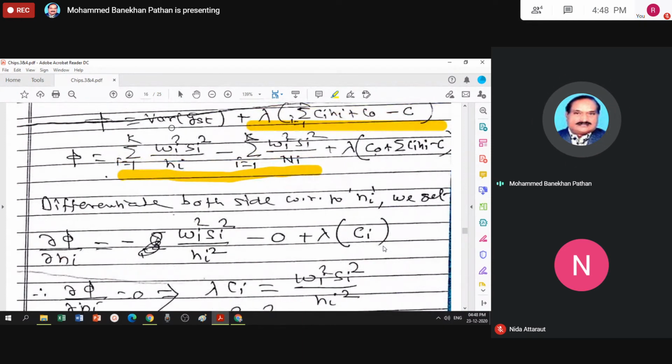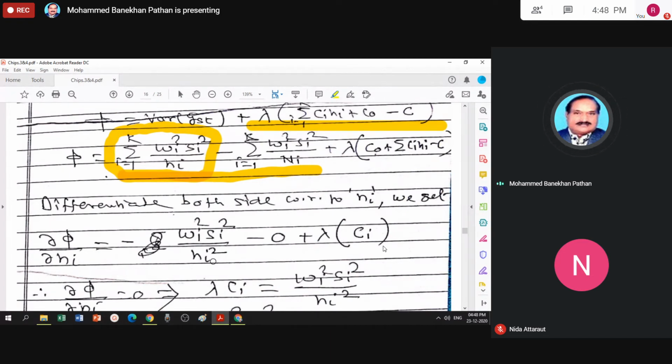Differentiation of the first quantity, which depends on ni: summation Wi square Si square. Here summation will not come because you differentiate at a particular i. So it becomes Wi square Si square, and differentiation of 1 upon ni is minus 1 upon ni square.